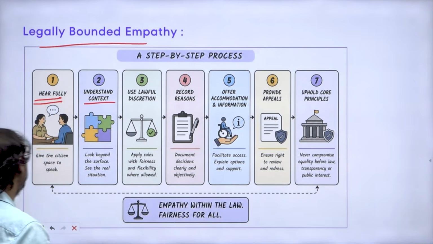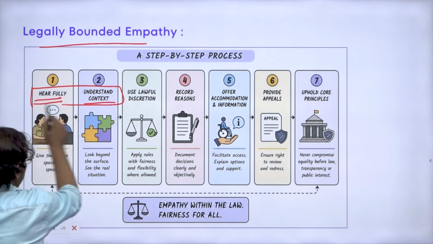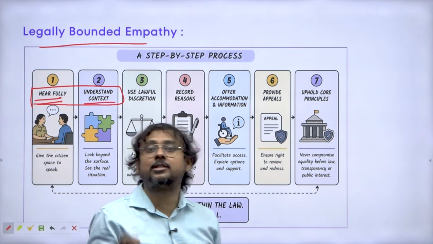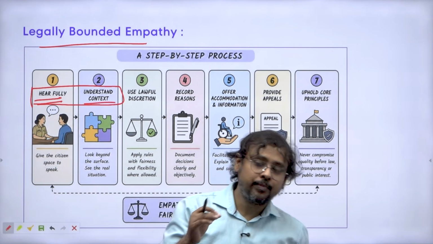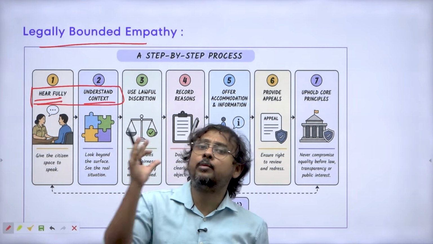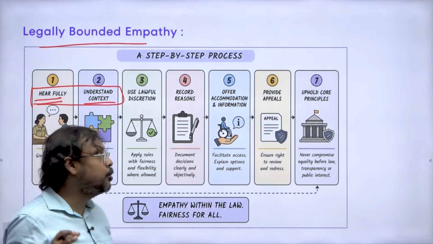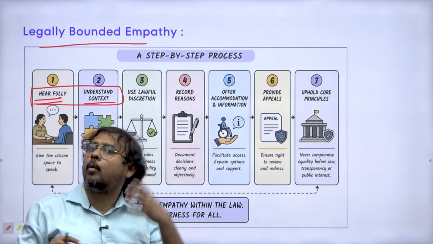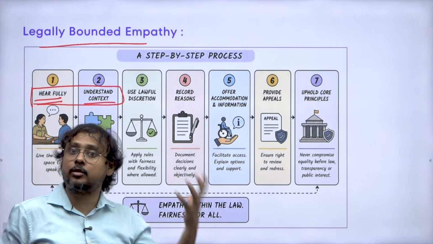Now, I'll tell you another thing. These two particular values or talents, hearing fully and understanding context, are very close to the Buddhist ideal of right view, from Gautama Buddha's Noble Eightfold Path. Right view means to understand the particular problem fully once you have listened to the problems or the sufferings or the grievances.